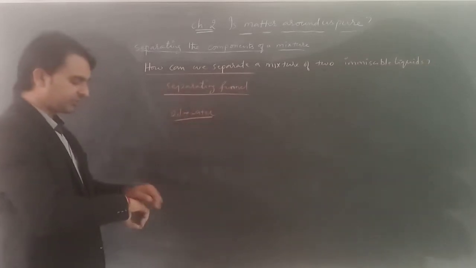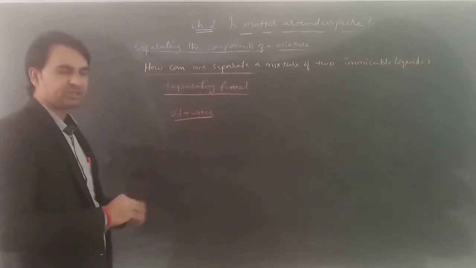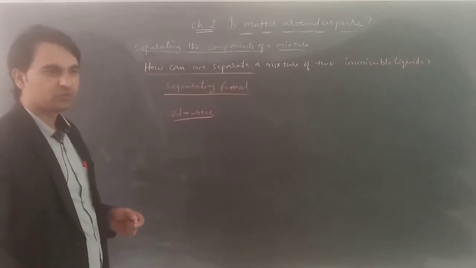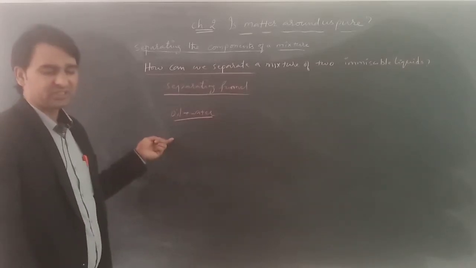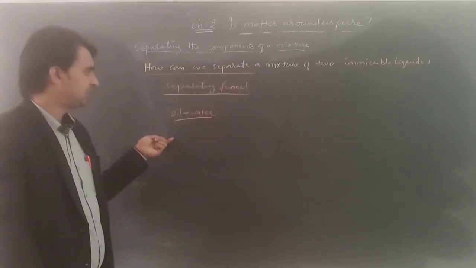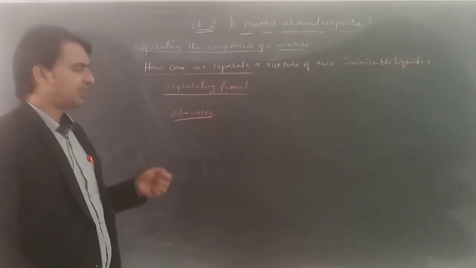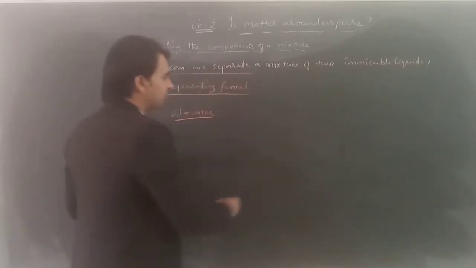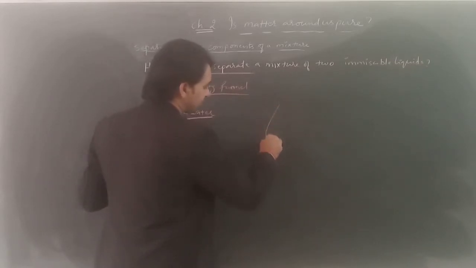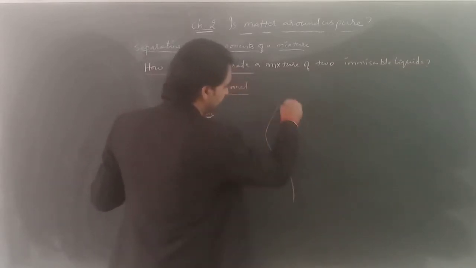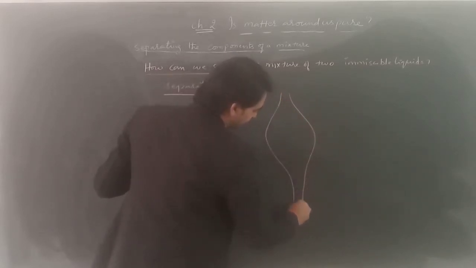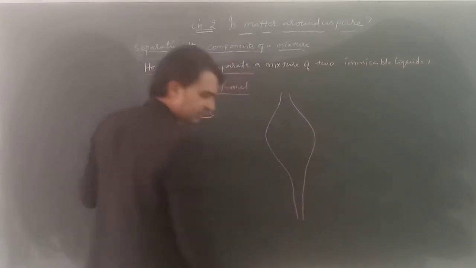When oil is mixed into water, it is present as a mixture, and we need to separate it out. Suppose we have a solution where oil and water are both mixed. We will consider this separating funnel, which is a type of device that looks like this.